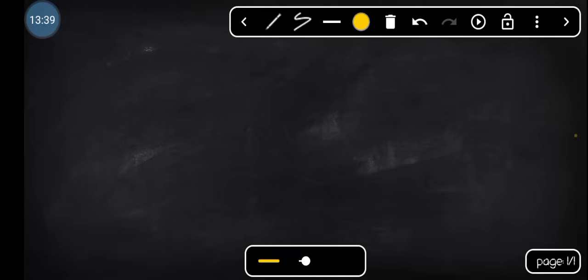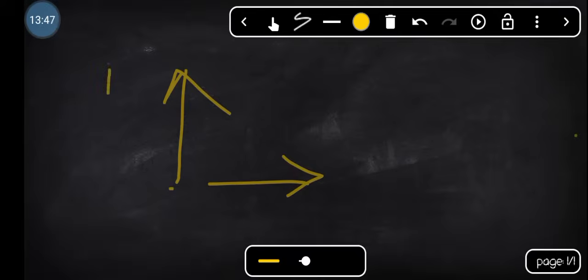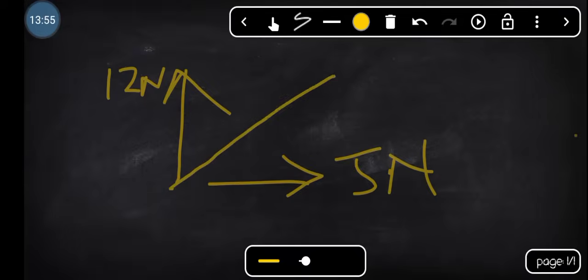Now, take for example, you have this force of 12 Newton and this 5 Newton. The resultant force will be the one coming from the origin. So this is the resultant force.